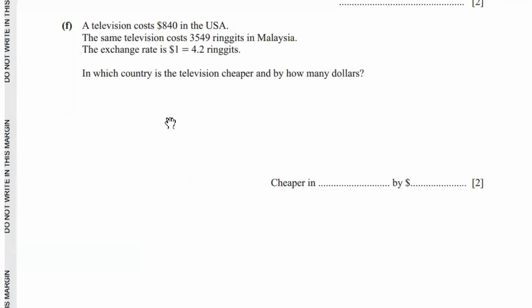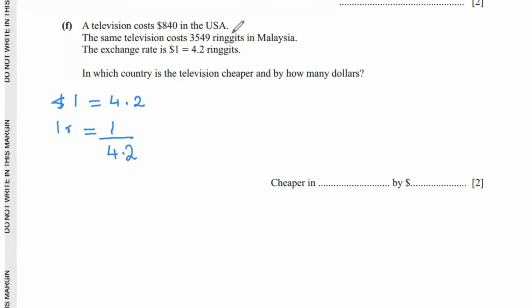Then it says the television costs $840 in the USA. The same television costs 3,549 ringgits in Malaysia. The exchange rate is $1 equals 4.2 ringgits. In which country is the television cheaper and by how many dollars? So let's convert both quantities into dollars. We know the cost of the television in the US is already given in dollars. So let's convert 3,549 ringgits into dollars. If $1 equals 4.2 ringgits, so 1 ringgit would be 1 divided by 4.2.